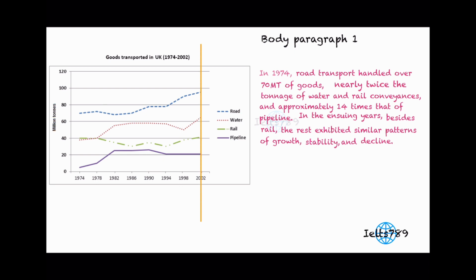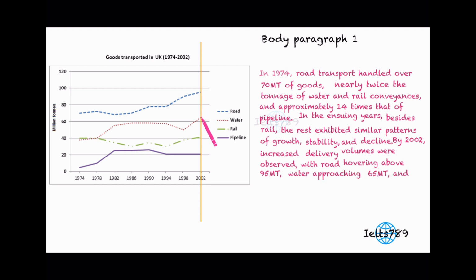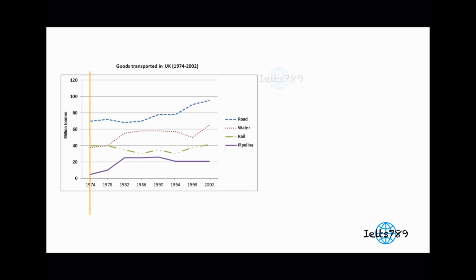By 2002, increased delivery volumes were observed, with road hovering above 95 million tons, water approaching 65 million tons, and pipeline virtually quadrupling to almost 20 million tons from their original totals.